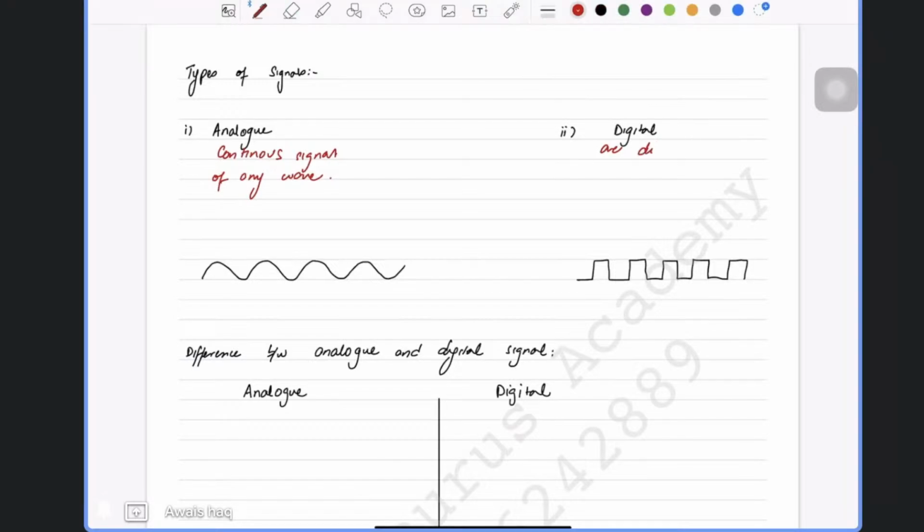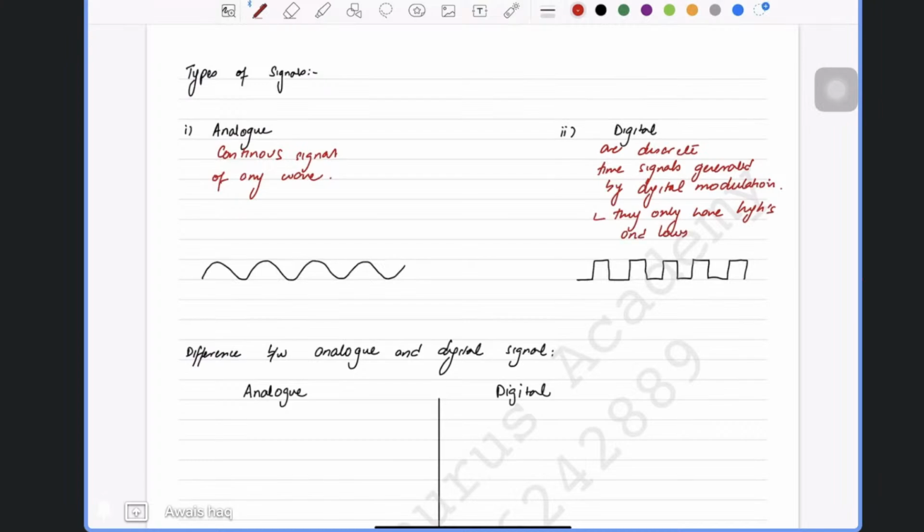Digital signals are discrete time signals generated by digital modulation. They only have highs and lows.